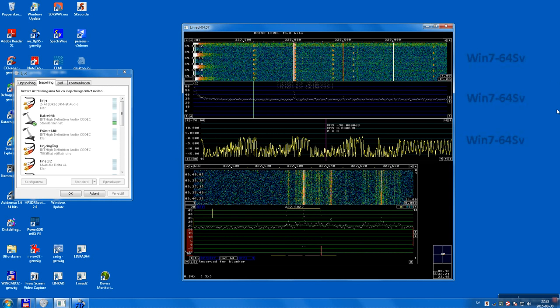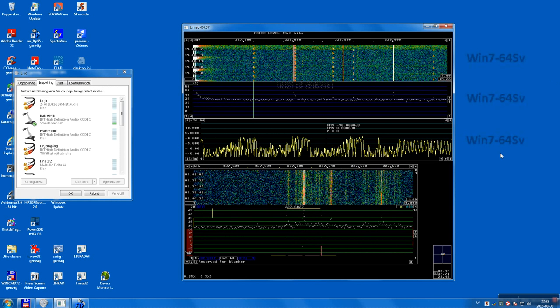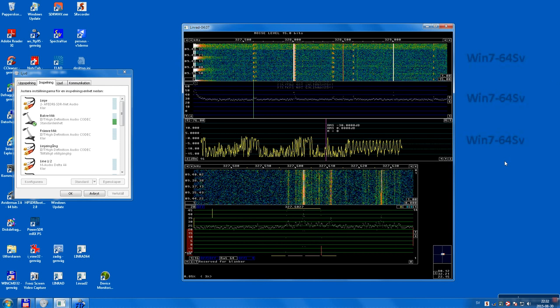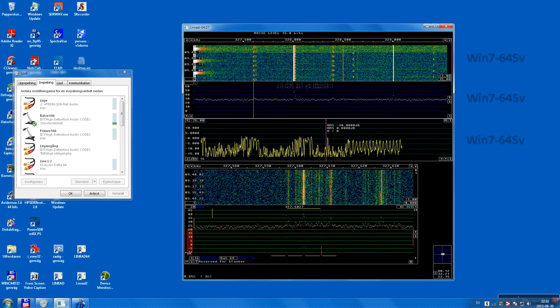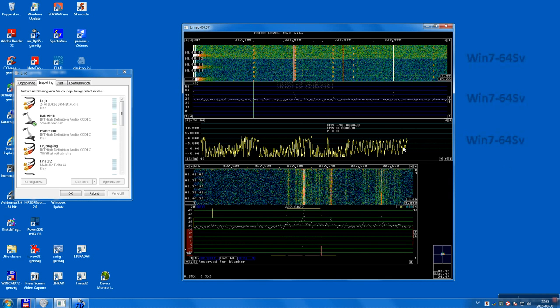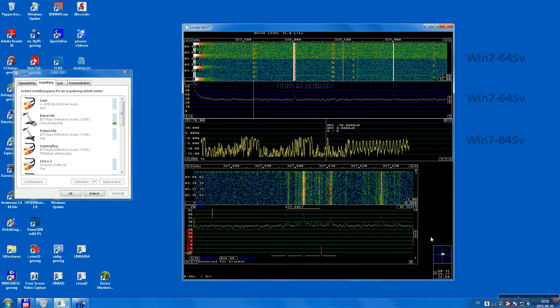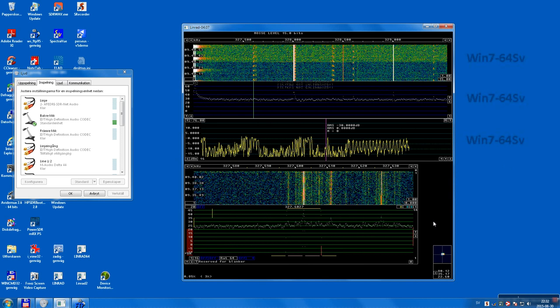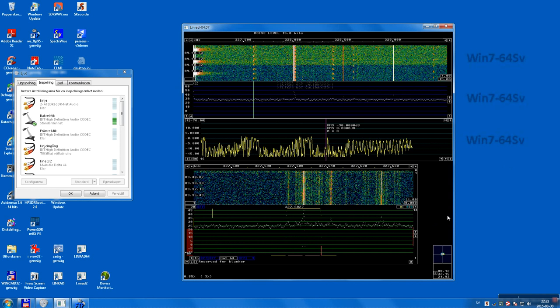A noise level of 15 bits. And the noise has increased. Up to here. But I think one could say that this can still be copied. Signal to noise level is now 8 decibels.